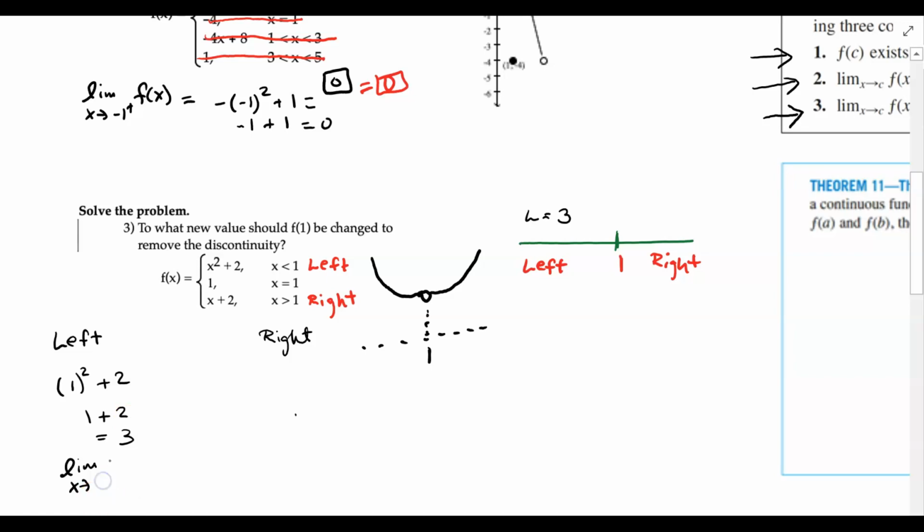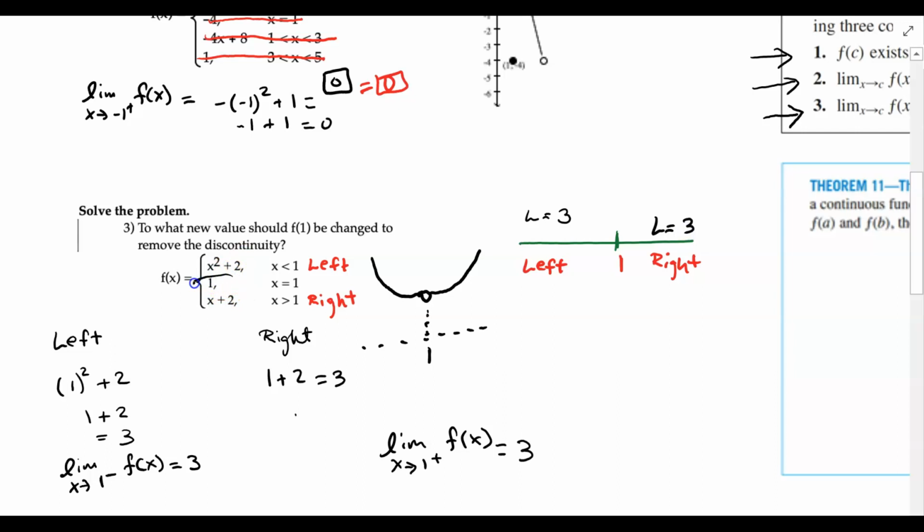The limit as x approaches 1 from the left of f of x equals 3, and the limit as x approaches 1 from the right of f of x, we're going to figure out right now. We have x plus 2, so 1 plus 2, and that is also 3. So the limit on the right is 3.